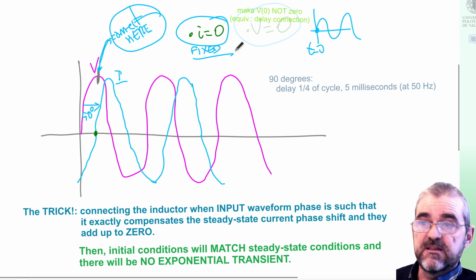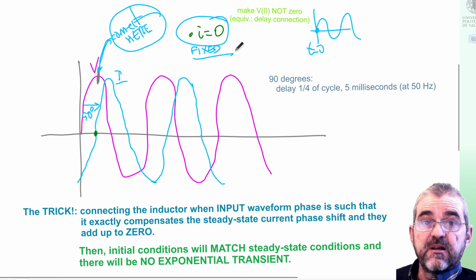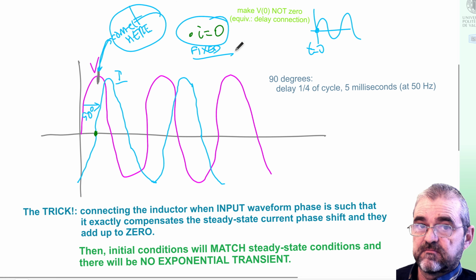So that's the idea. If my current is delayed 90 degrees, well, 89.7 degrees, then I will need to connect my AC voltage waveform when it is close to its peak, let's say.